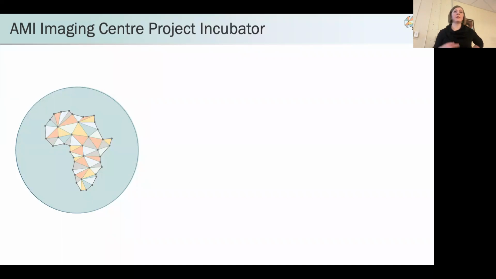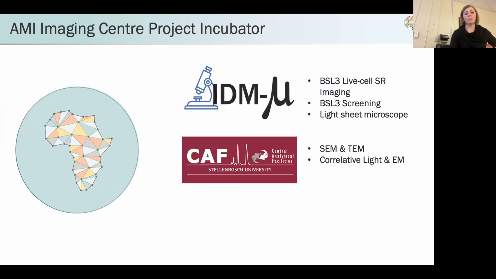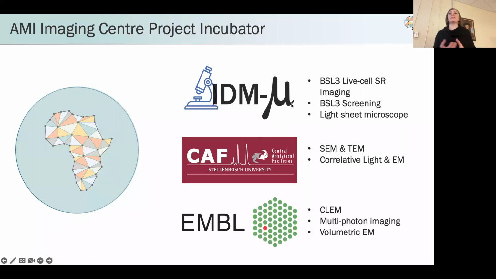We can support multiple visits, as well as if the project grows beyond the systems that we have available, we can facilitate access to either other equipment within the area, so either within the institution or the facility that I run with my other HAP, the IDM microscopy platform, as well as the facility at nearby Stellenbosch. And we can also facilitate and support researchers visiting other high-end platforms, such as at the MBL.